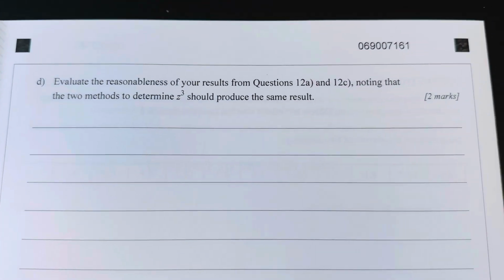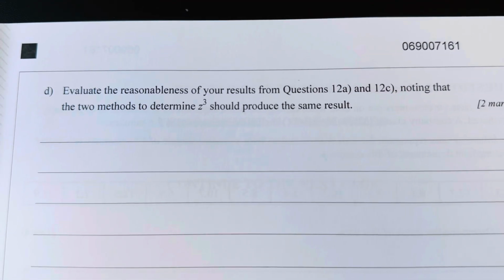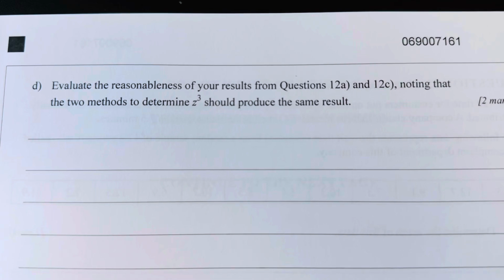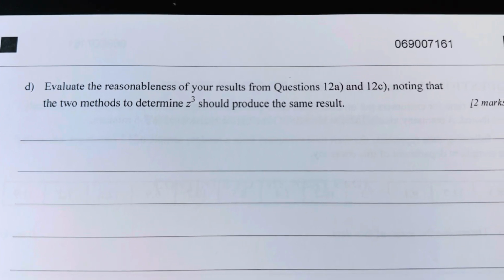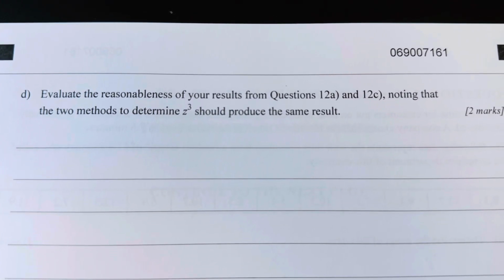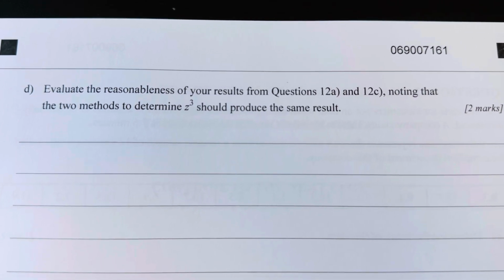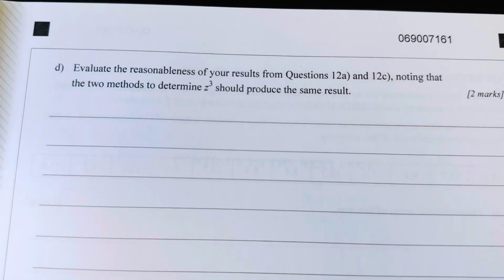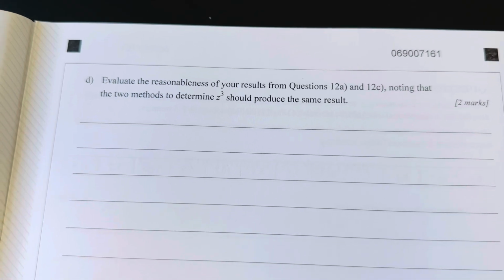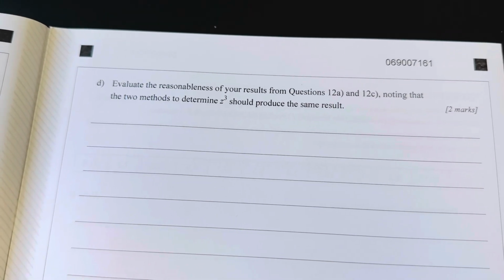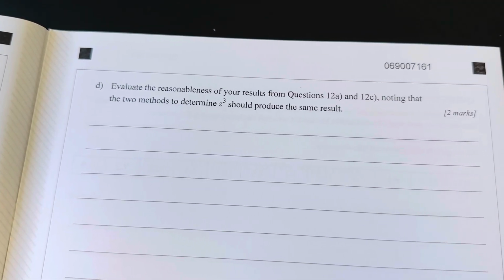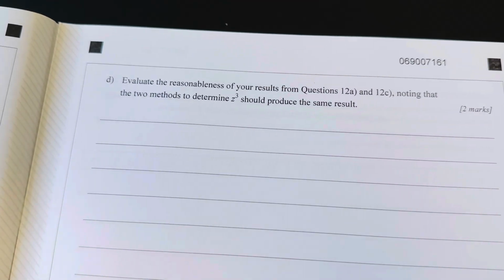Now, D is evaluate the reasonableness of your results from 12A and 12C, noting that 2 methods to determine z cubed should produce the same result. Okay, so we've got to use A and C to see if we get the same result.